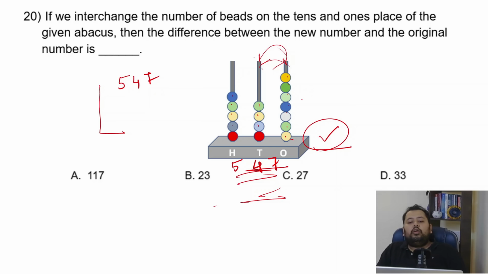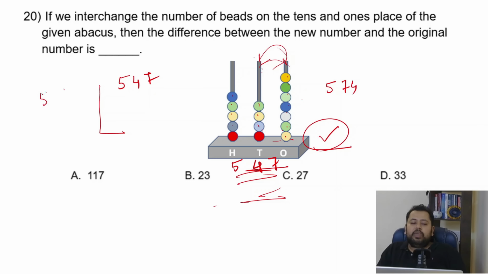It's asking what if you change the number, right? You change tens and ones, if you exchange. If you exchange, then in tens, how many beads will there be? So the hundreds place will still be 5. In the tens place, how many beads will there be? It will be 7 beads. In the ones place, because it's borrowing from here, how many will there be? There will be 4 beads, right?